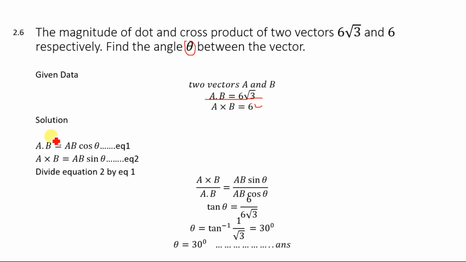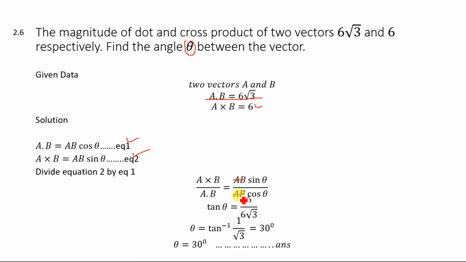Now we know that a dot b is equal to ab cos theta and a cross b is equal to ab sin theta. Now divide the second equation by equation number 1. By dividing the second equation by equation number 1, we will get a cross b divided by a dot b is equal to ab sin theta divided by ab cos theta.